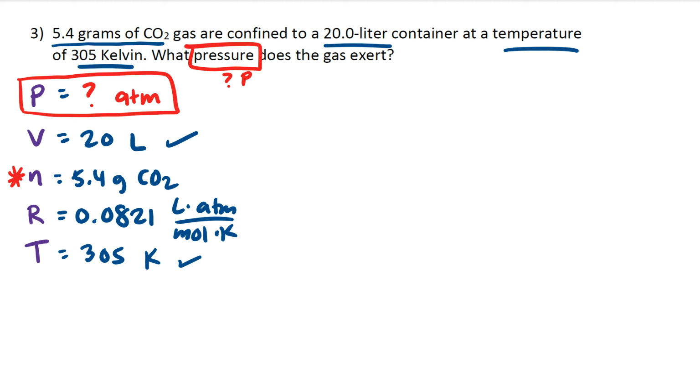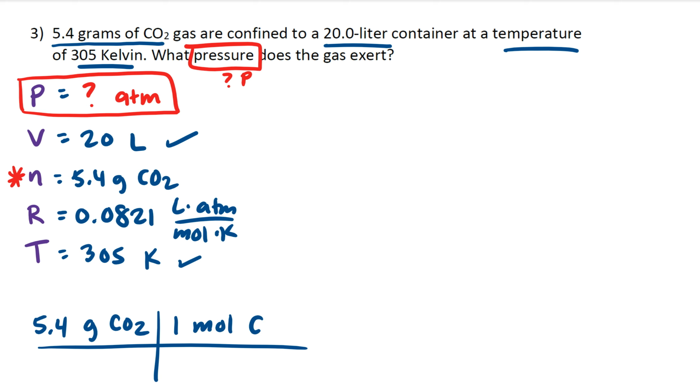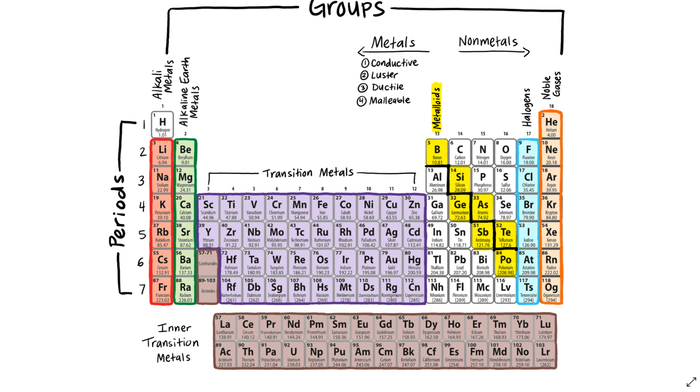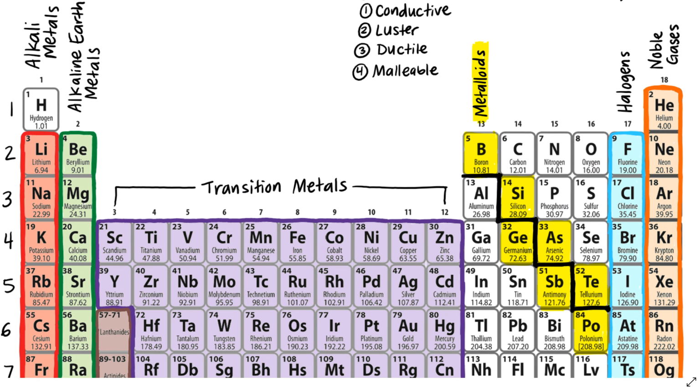I need to convert those 5.4 grams of CO2 into moles. And we're going to use dimensional analysis to do that. 1 mole of CO2 is equal to its molar mass from the periodic table. So pull up your periodic table. Carbon dioxide is 1 carbon and 2 oxygens.